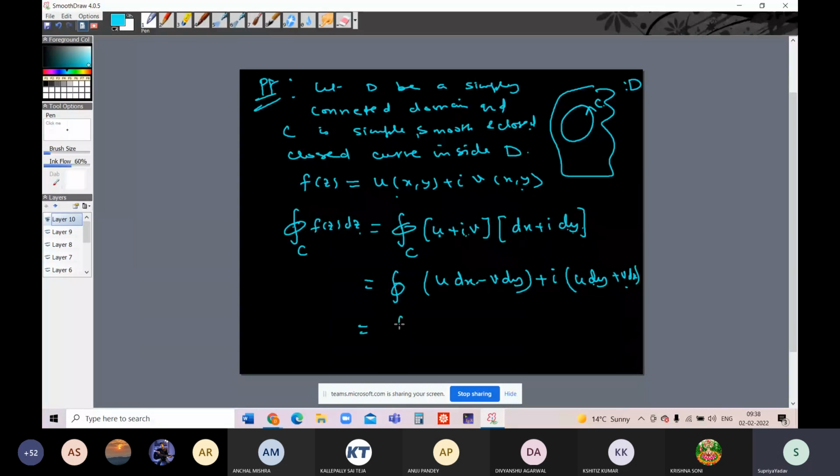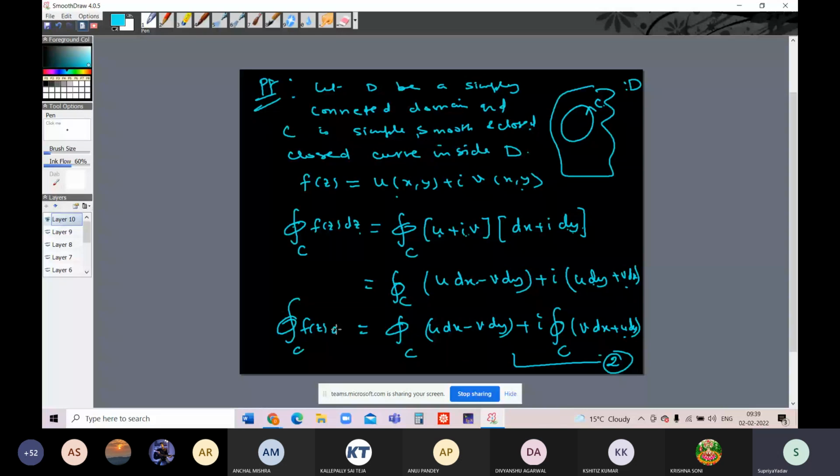And if we want to represent it in real and imaginary parts separately, we can also write it as the integral of u dx minus v dy plus iota times the integral along C of v dx plus u dy. This is expression number 2.